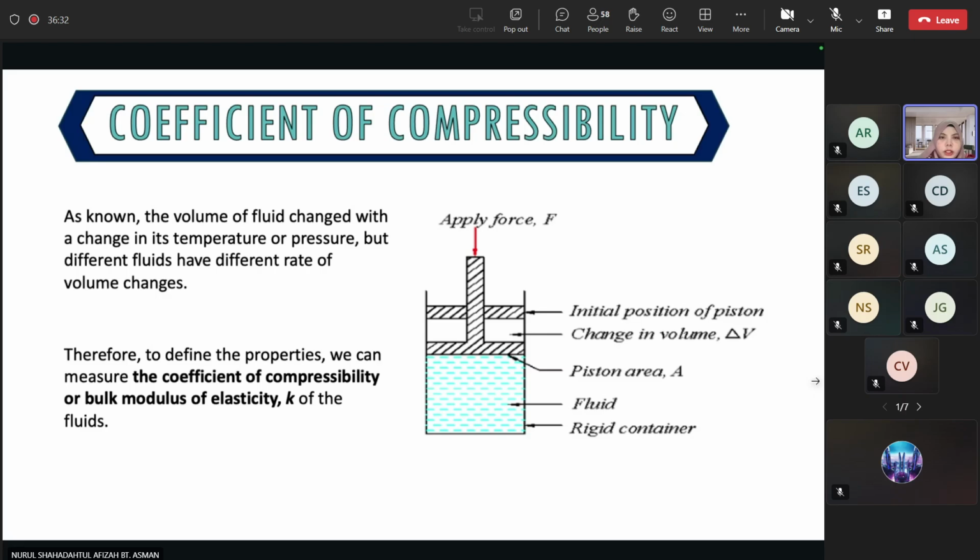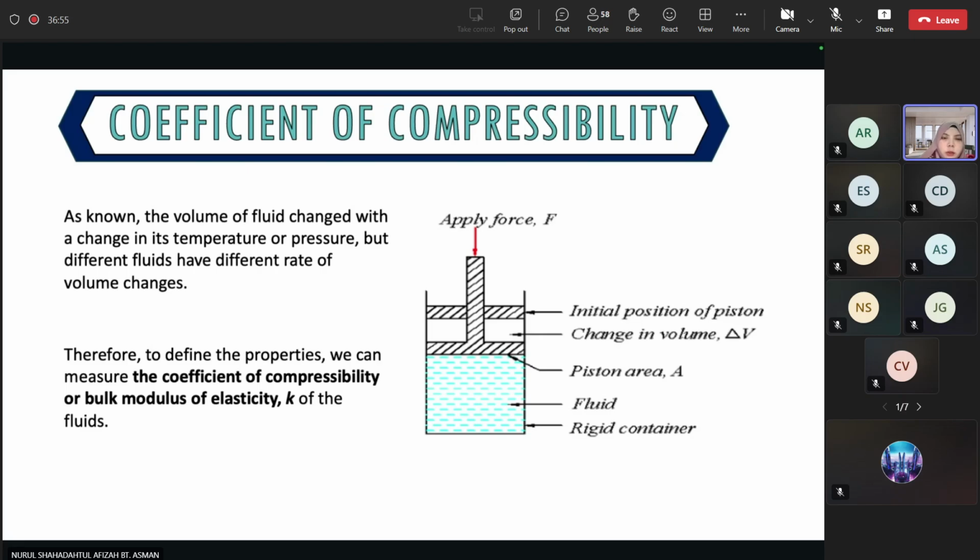Next is the coefficient of compressibility. This is when we apply a force, for compressibility. As we know, the volume of a fluid changes with a change in temperature or pressure, but different fluids have different rates of volume change.